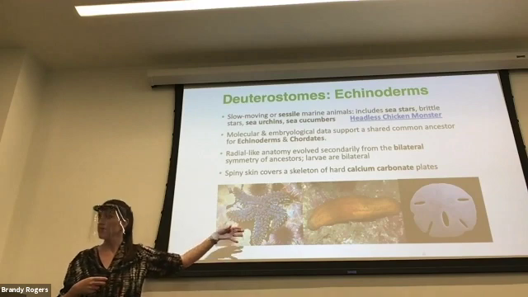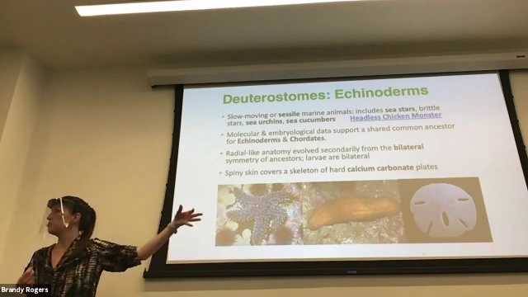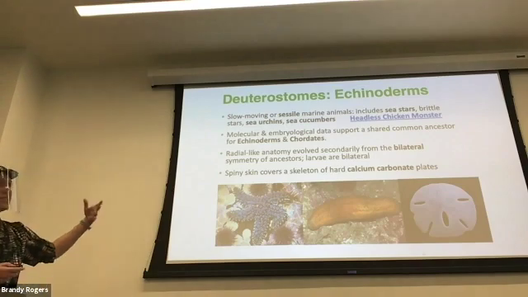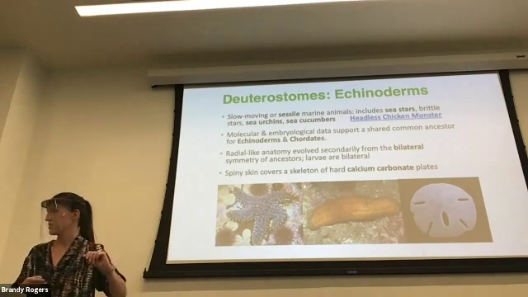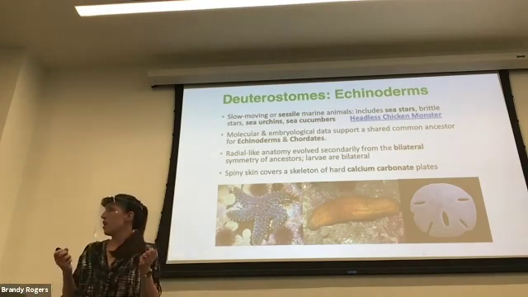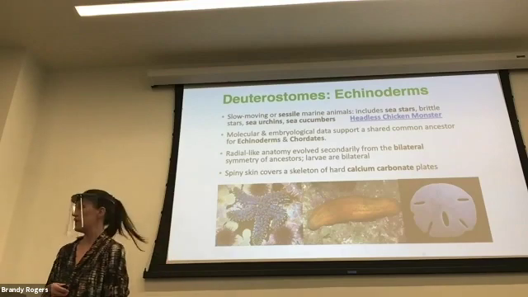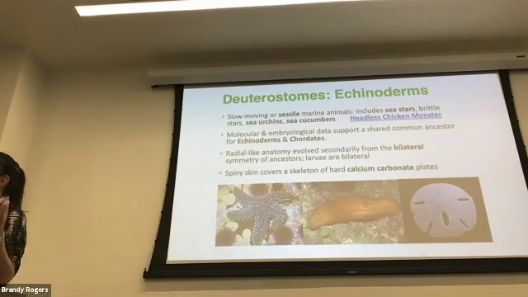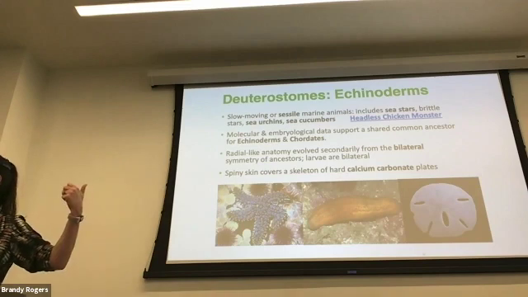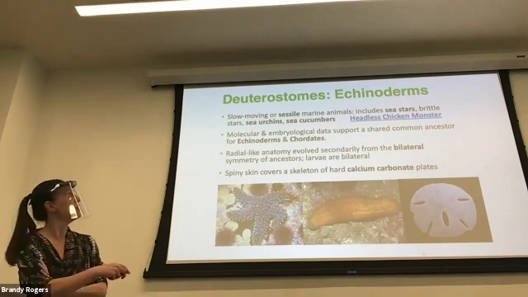It's not the same as yours. It's not the same type of tissue as your bone, but it's not too far off either. It's calcium carbonate. So they've got hard parts inside, skin on the outside. That is an interesting shared characteristic as a deuterostome, right? That's notable, I think.